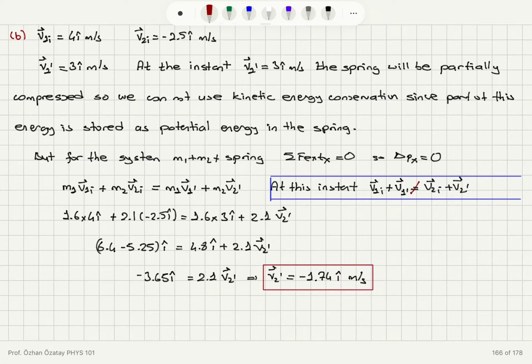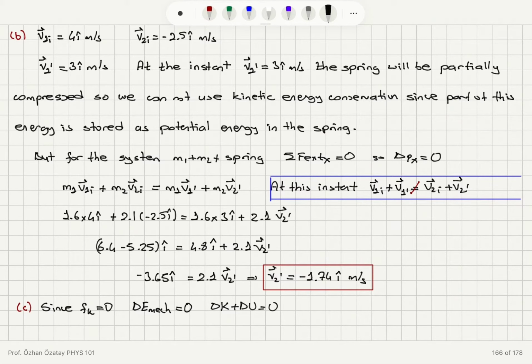Okay, and part C, I want to know the compression in the spring. Since I have no friction, kinetic friction is 0, the mechanical energy in the system is conserved, so delta K plus delta U must be equal to 0.